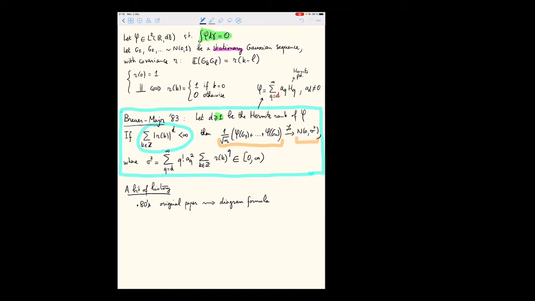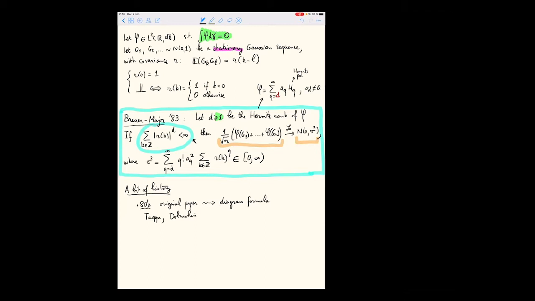At that time, one person who did a lot around this was Taqqu. Taqqu was more interested in the non-central limit theorem, in the case where this condition is not satisfied, so the sum equals infinity.